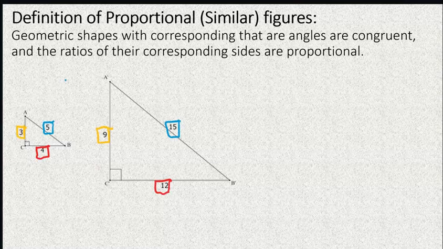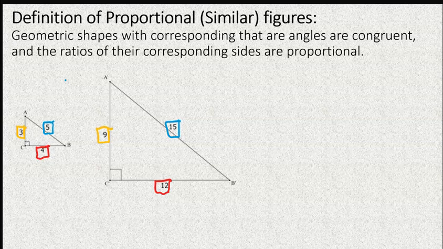Okay, so I took a second and I color coded the sides of these triangles. These two triangles are similar. Part of the reason why I know they're similar is because if you look at the vertex letters, the points are labeled A and A prime, C and C prime, B and B prime.